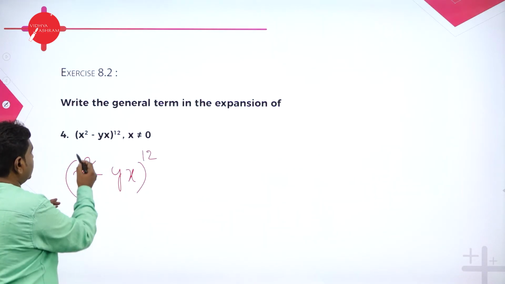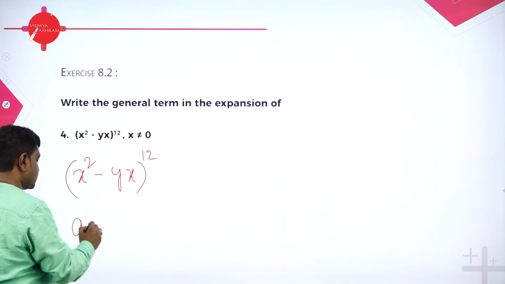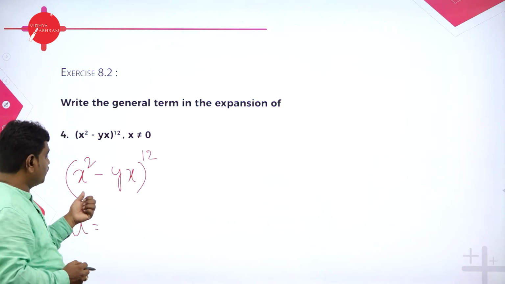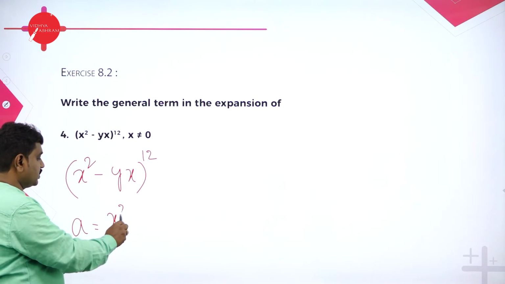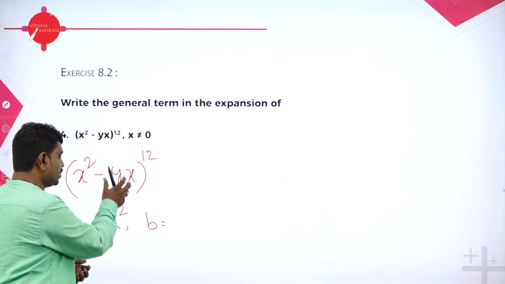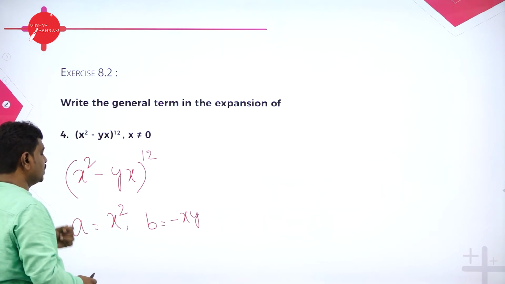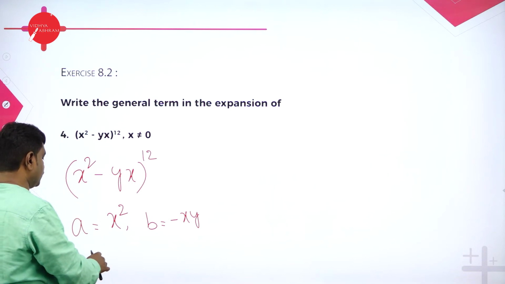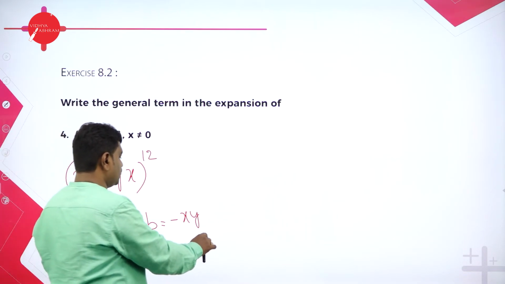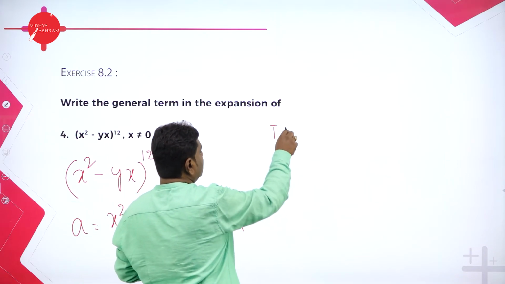Now (x square minus y x) power 12. So a means first term. What is the first term here? First term is x square. Second term, b means second term. What is the second term? This whole thing, minus xy or minus yx. In this case, what is n? 12. What is the general term formula?